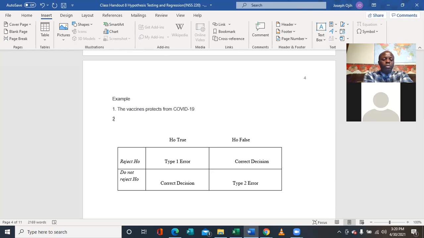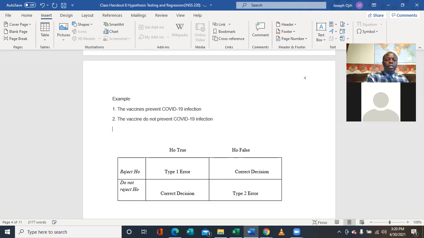Second, the vaccine does not protect, or I would say prevent, COVID-19 infection. The vaccine does not prevent COVID-19 infection.